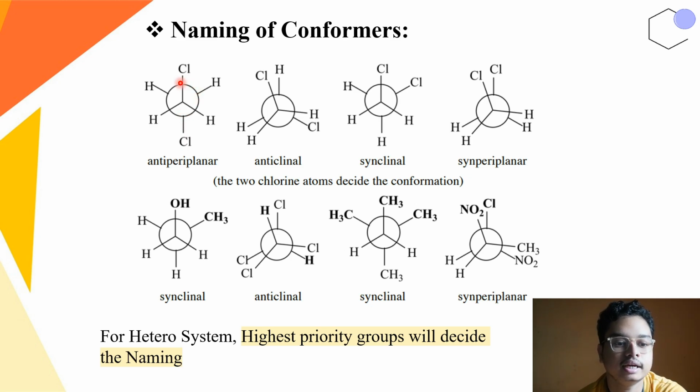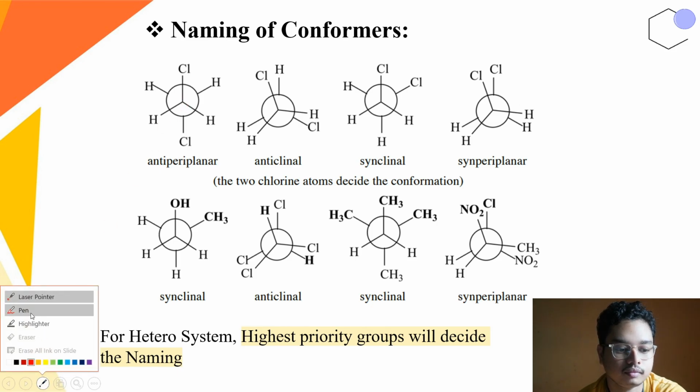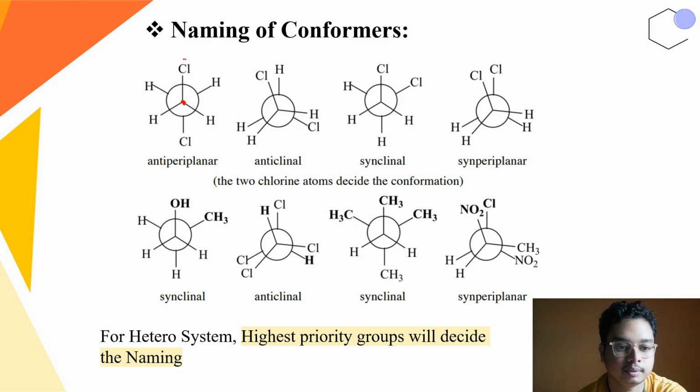For example, in this Newman projection formula, this particular carbon center has Cl with the highest priority over these two hydrogens. Similarly, in the back carbon, Cl is also present with the highest priority over the rest two hydrogens.